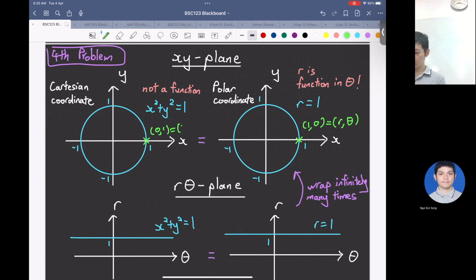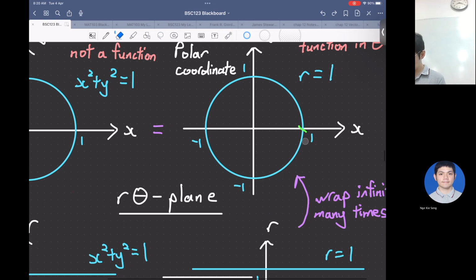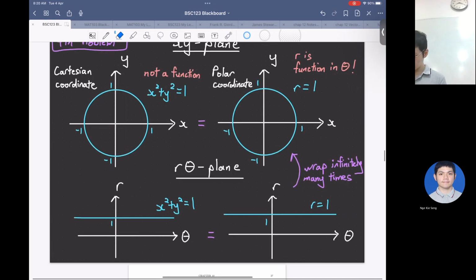Oh, sorry. This one is also... Then this example is not good, right? So let's change to another point to make you see it really clear. Let's pick the bottom one.